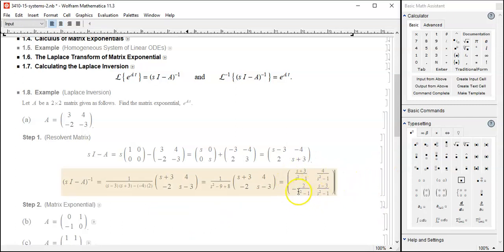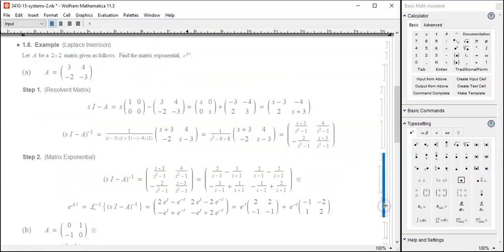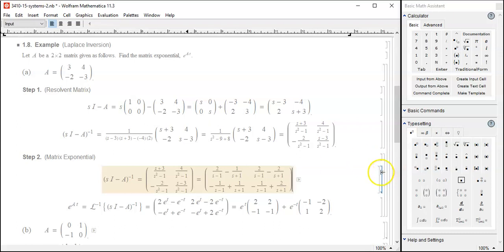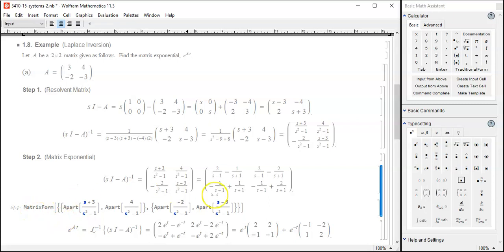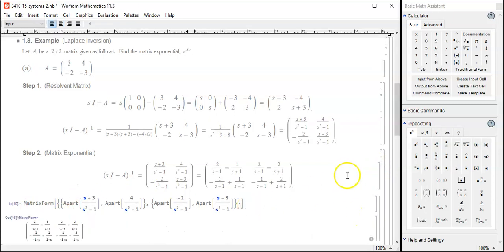Now that we have this expression, we can take the Laplace inversion. Take the decomposition by partial fractions, and that of course is a heavy-duty calculation, so it's going to be better if you use a computer algebra system like this.